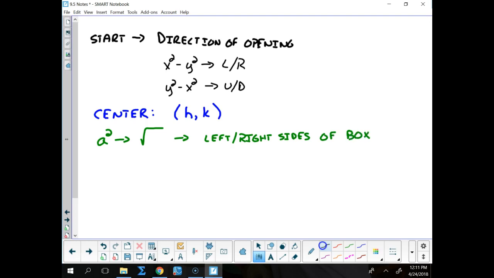Okay. So a squared is underneath x. We're going to square root that. That's going to tell us how far out the sides of the box are. Then what? B squared. You can take the square root of that. Where's b squared? Under the y. Okay. And what's that going to give us? Top and bottom of the box, right?